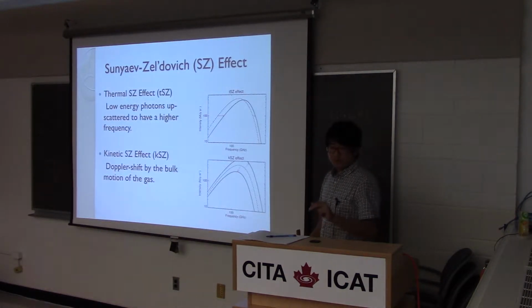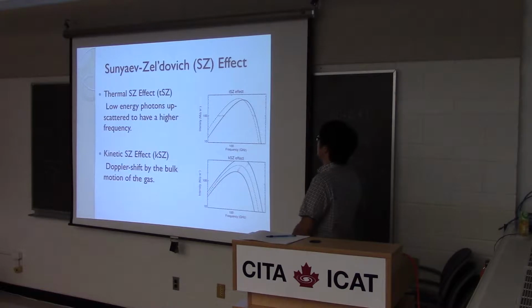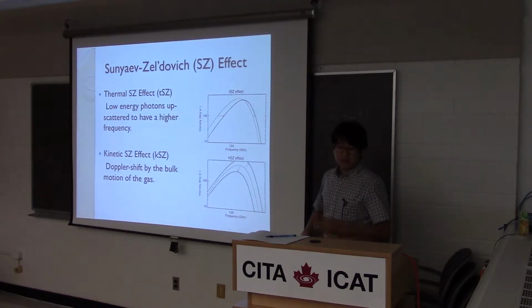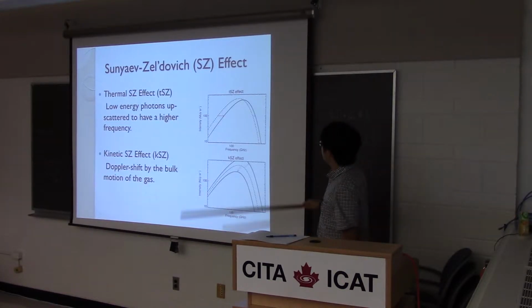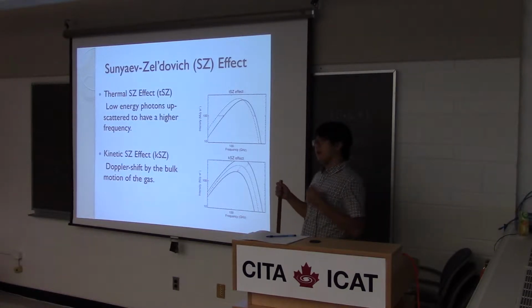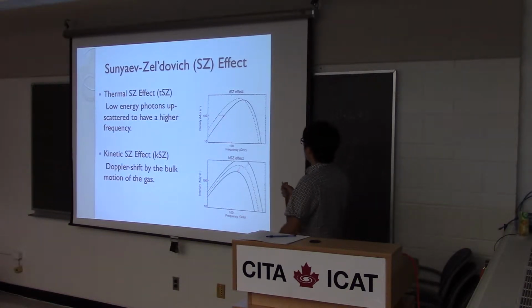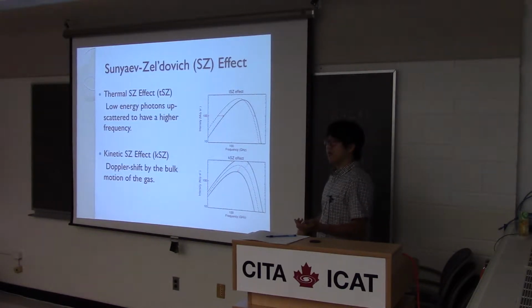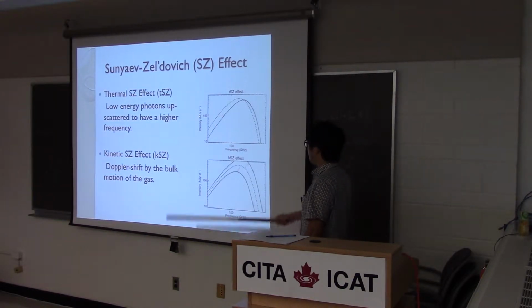So there are two things happening when this scatter happens. The first thing, the thermal SZ effect, which is more generally known as the SZ effect, is a distortion of the CMB blackbody happening when the energetic electrons kick the low energy CMB photons to higher frequency. The kinetic SZ effect, which I'm going to mainly talk about today, is a Doppler effect.